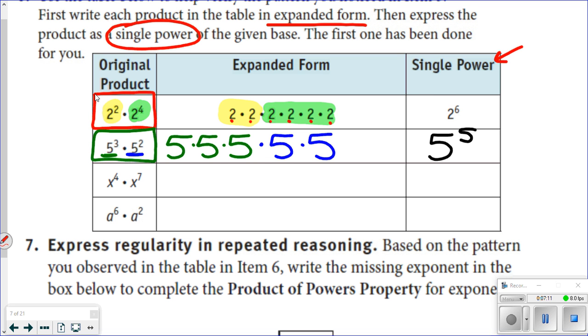This third column has x's. So x to the 4th power, if I expand that out, it's x multiplied by itself 4 times. So I have 4 x's, and now I need to multiply that by x to the 7th power. So expanded form here would be x multiplied by itself 7 times.